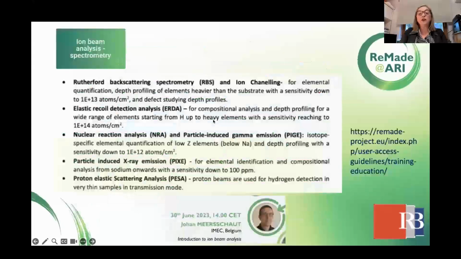My colleague Johan Meersschout from IBIC Belgium gave a seminar about the introduction to ion beam analysis, the first box, which is related to spectrometry.